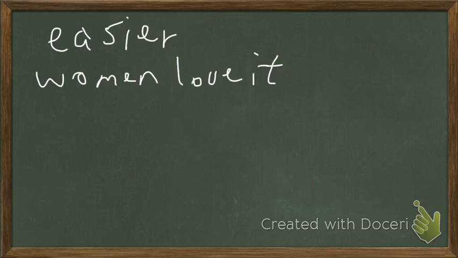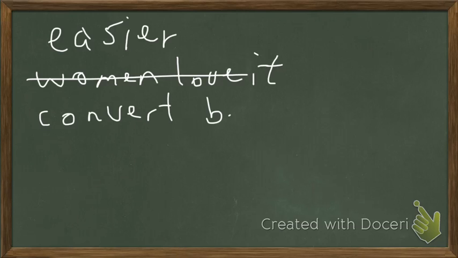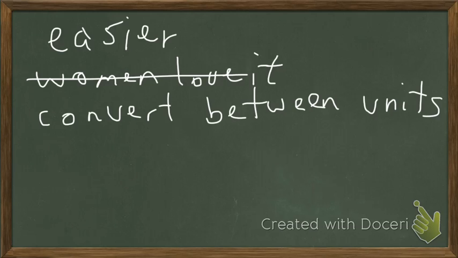Okay, so why is this easier? Our advantages of using the metric system: one is that it can convert between different units of measurement. What else?